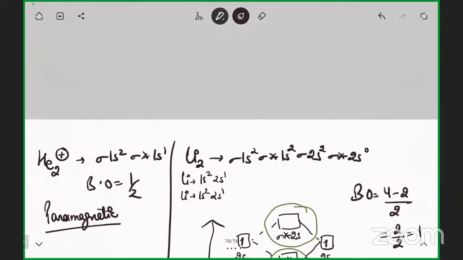Okay, let's go for another example, because we need to move further. Now let's talk with the example of N2, nitrogen. Okay, let's start doing the configuration. Normal nitrogen atom.